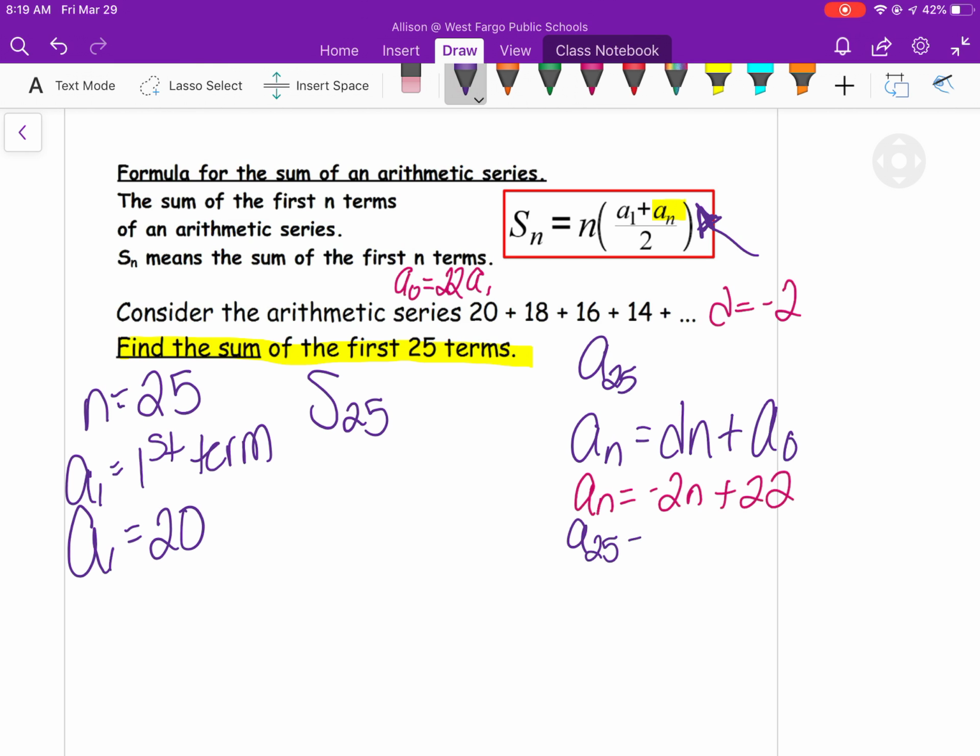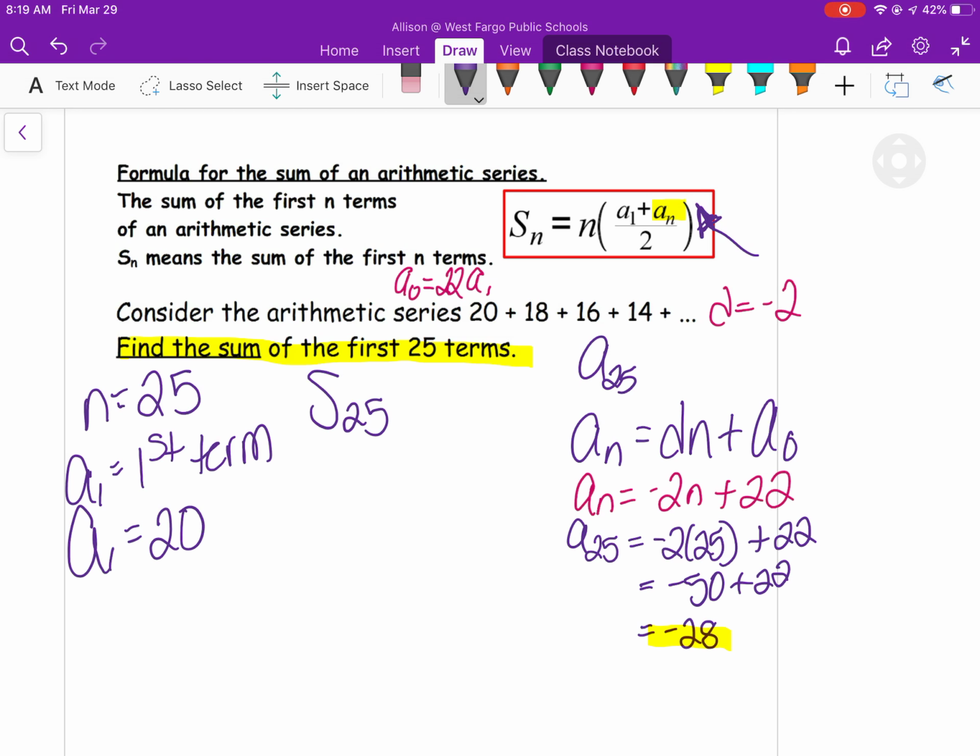So a sub 25 will be plugging in 25 for n. It's negative 50 plus 22. Should be negative 28. So the part that I highlighted up in the formula, that's going to be what that term is, a sub 25.